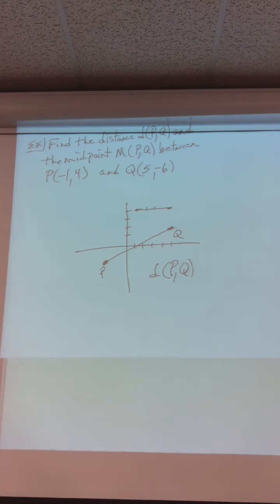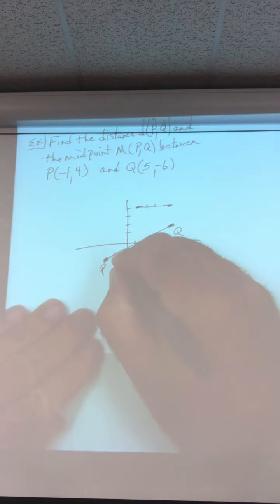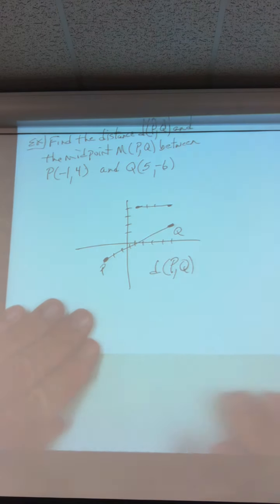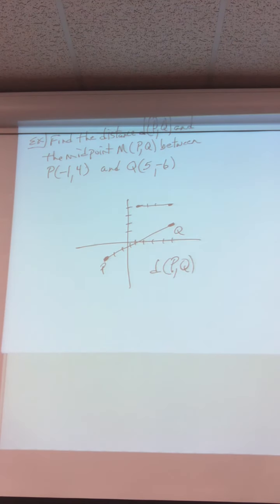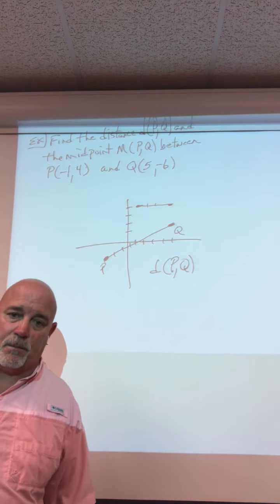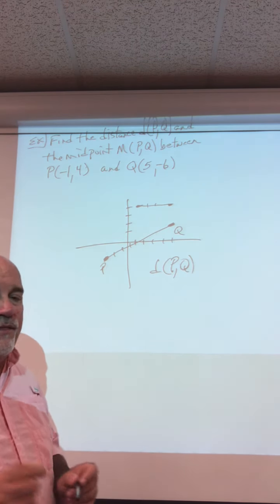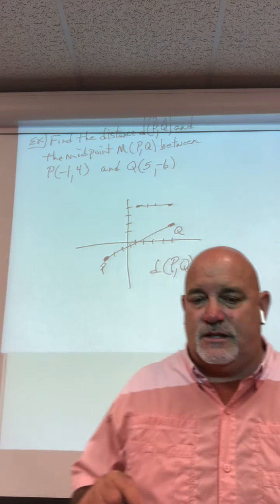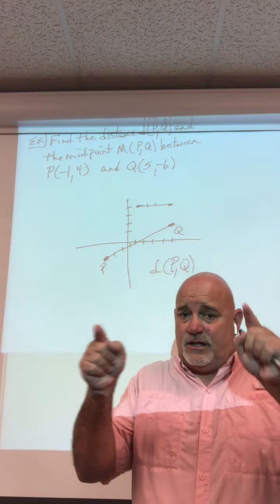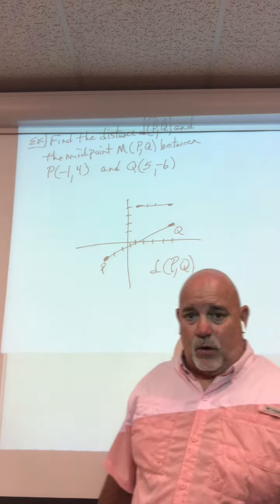So I can't count this way like I can left and right. I can give it a guess, but I can't give you exactly how far apart those are. So what this distance formula does is give you the exact distance of how far apart those 2 points are.